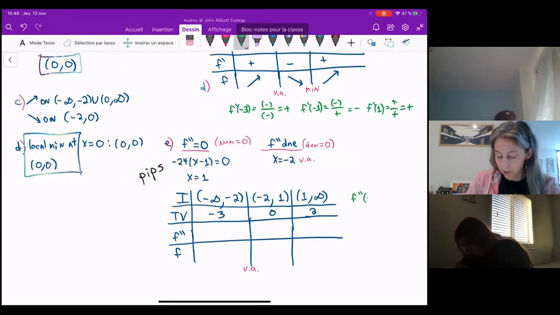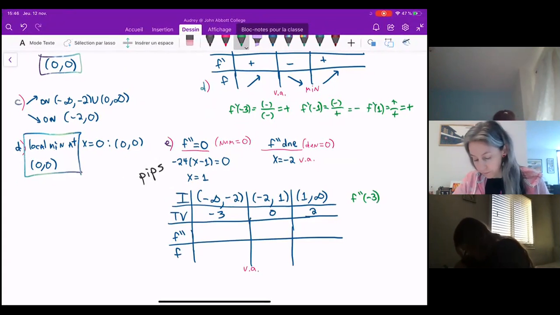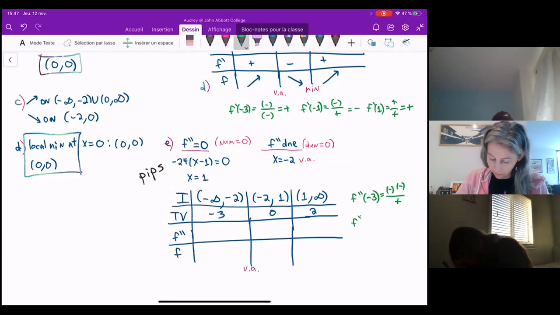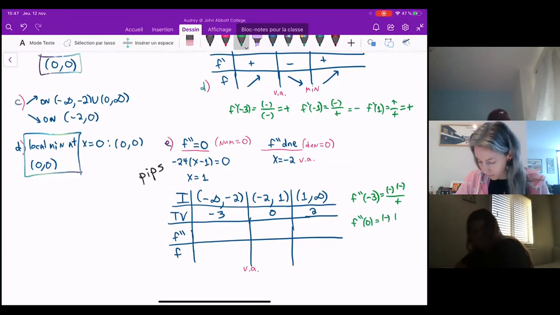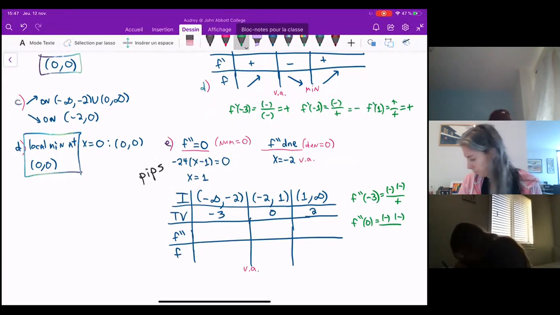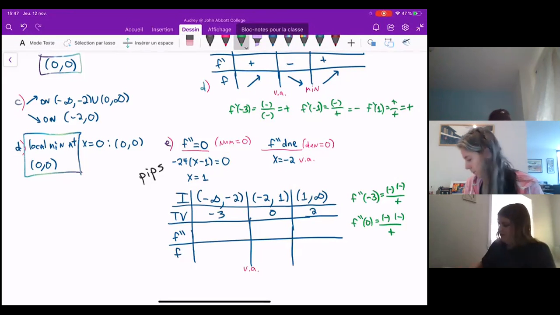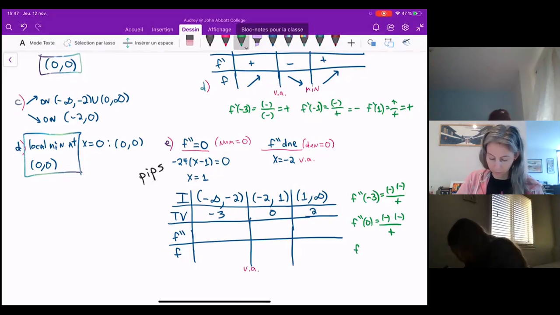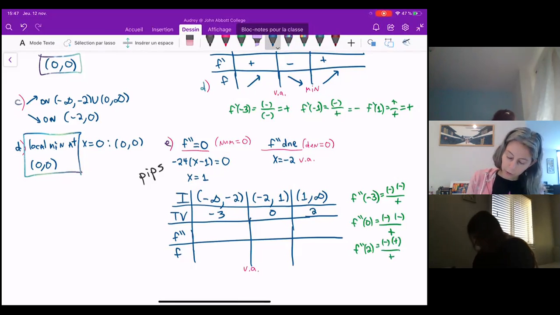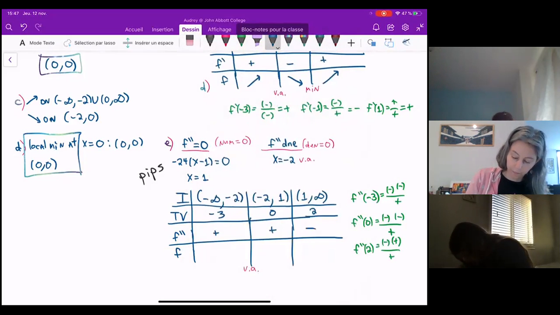So I plug these into f double prime. So I get positive, positive, negative. Happy, happy, sad.